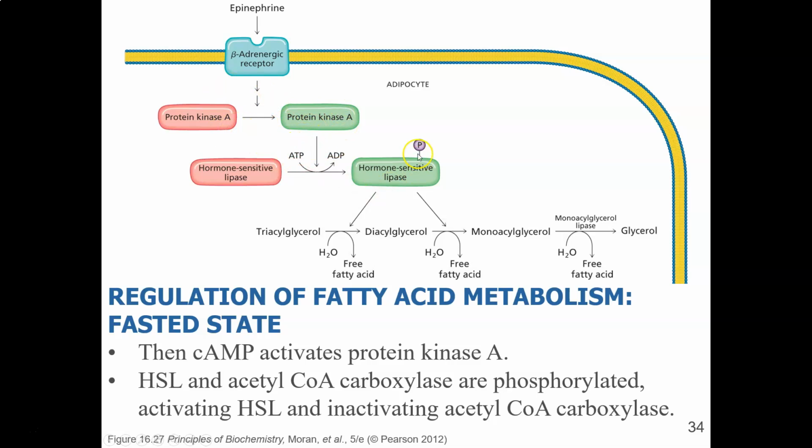The protein kinase A phosphorylates its targets, and one of those targets is a lipase called hormone-sensitive lipase, and it's called hormone-sensitive lipase because it's sensitive to epinephrine. Hormone-sensitive lipase is phosphorylated, and phosphorylation makes hormone-sensitive lipase active.